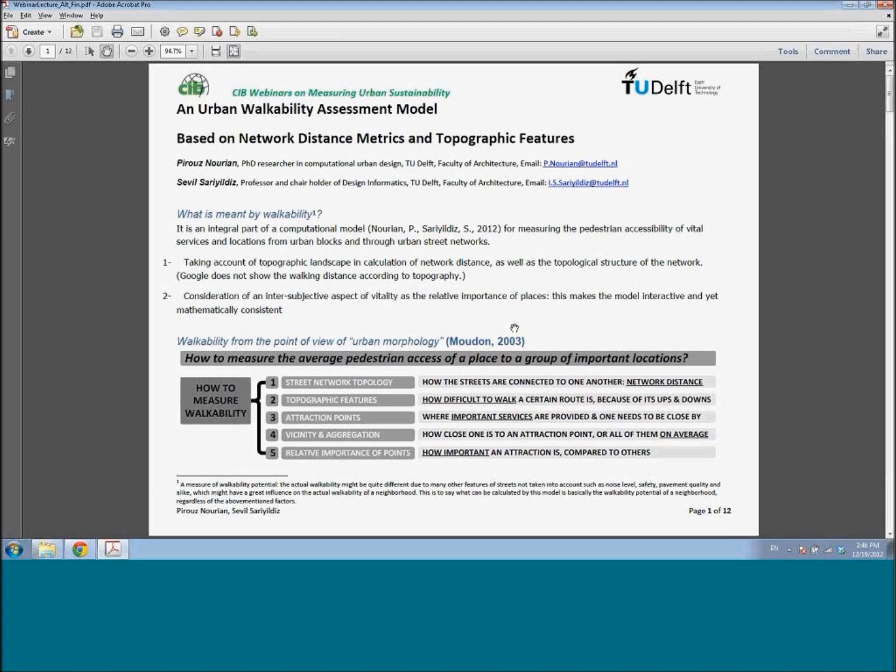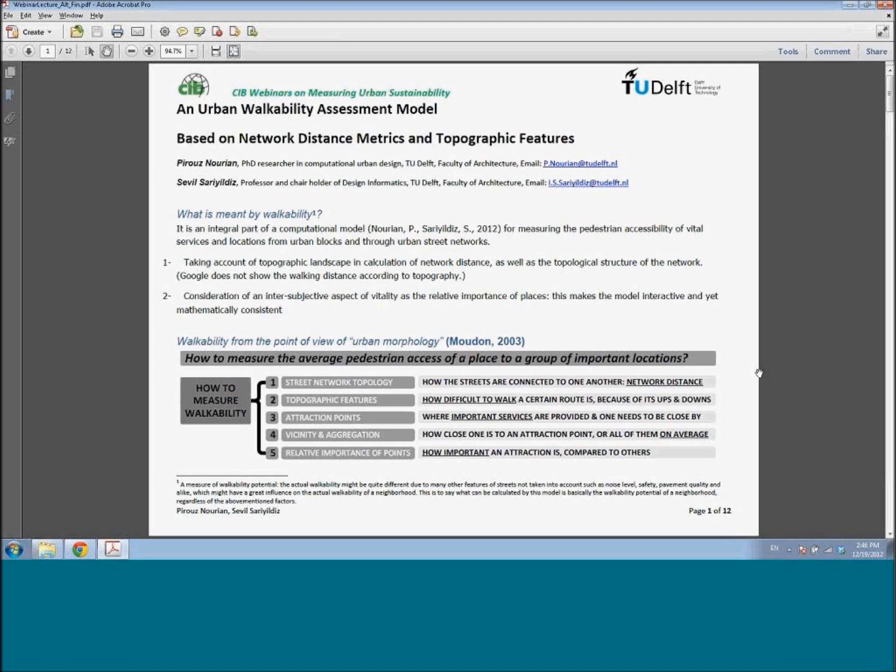For measuring walkability, we have gone through several steps and we have dealt with a number of issues as follows. First, the street network topology, which is how the streets are connected to one another, and that's necessary for measuring the network distance. Second, the topographic features of the neighborhood landscape, and that is necessary for calculation of impedance of the network, or how difficult it is to walk certain routes, for instance.